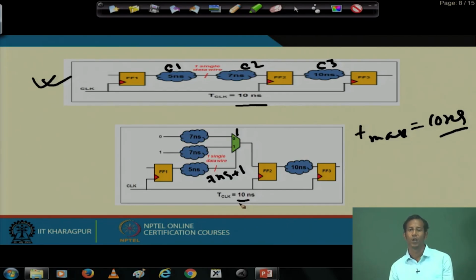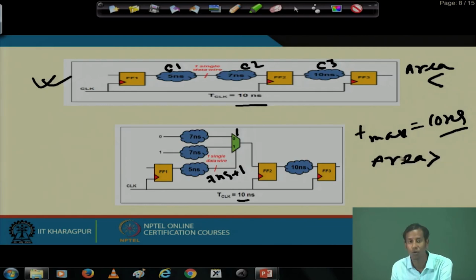So, this is the trick. In this circuit the area will be lesser, but in this case the area will be more.